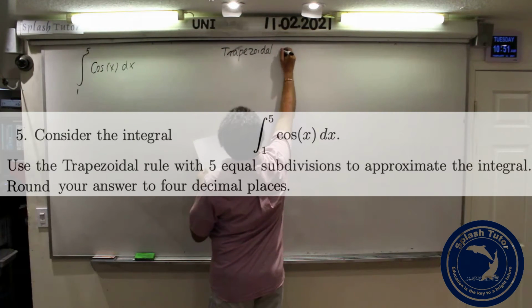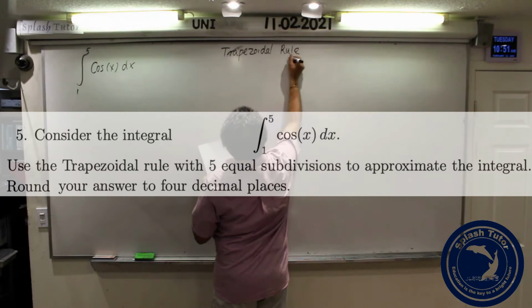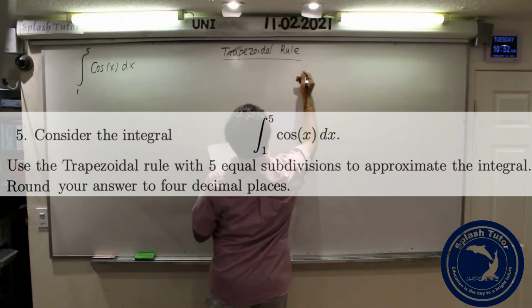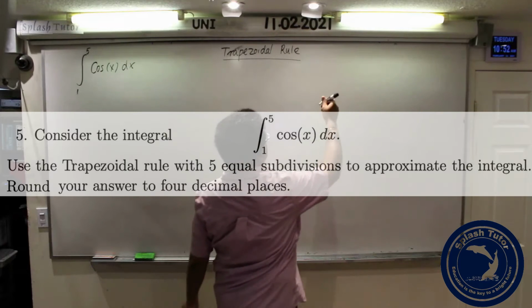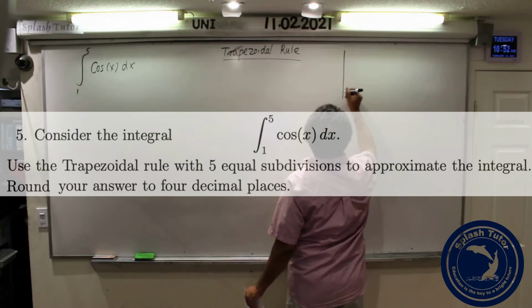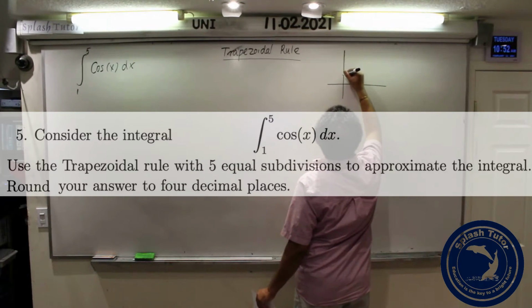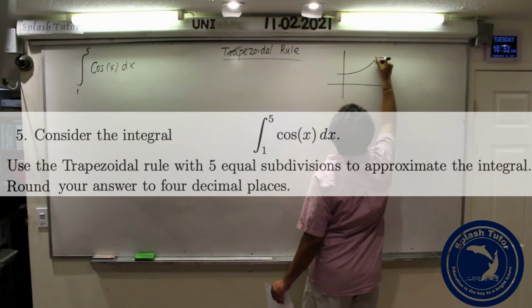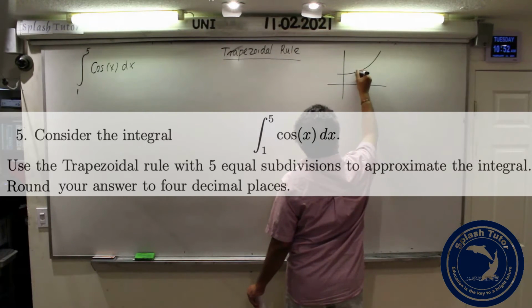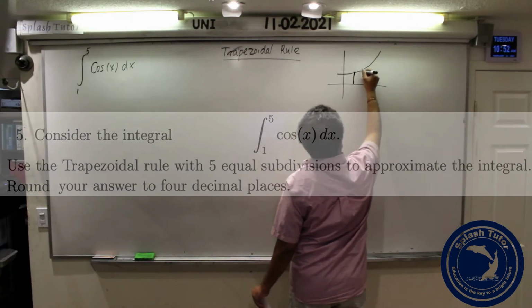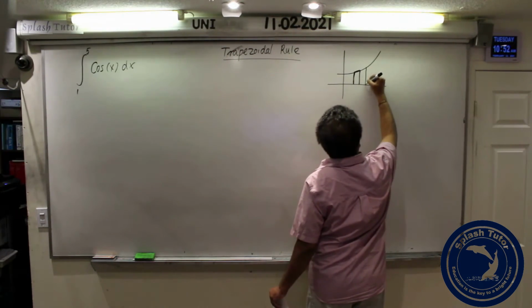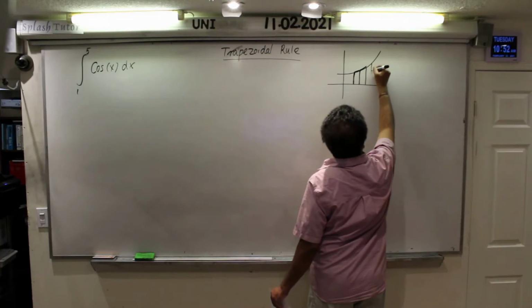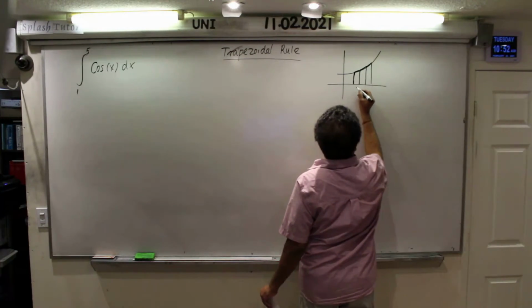The meaning of the trapezoidal rule is that we make a trapezoid on each piece. For example, you have a graph going here, so we make pieces here and we make a trapezoid on each.